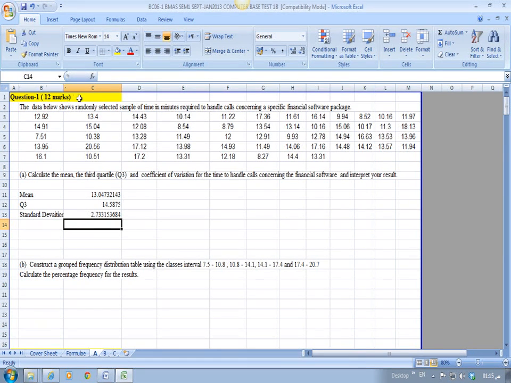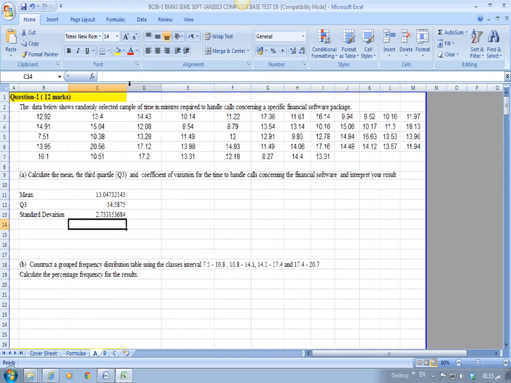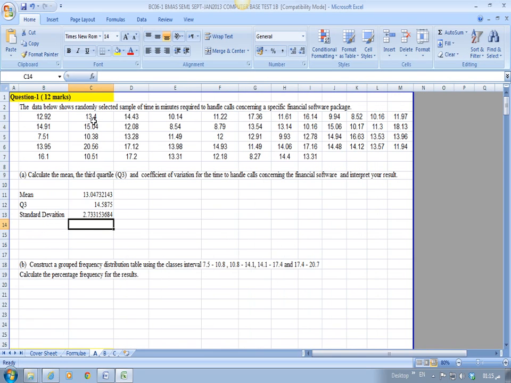Here you can widen the column, so you can make it bigger or you can make it small from here like this. Next is to calculate coefficient of variation, CV. Coefficient of variation is equal to standard deviation divided by the mean, in percent, so it is equal standard deviation, divided by mean.